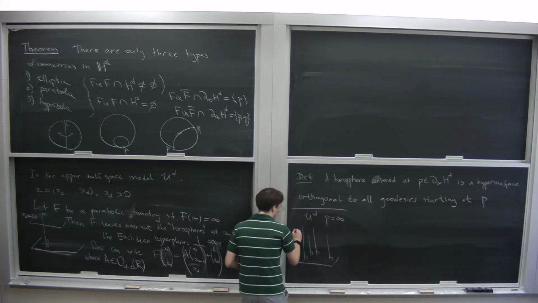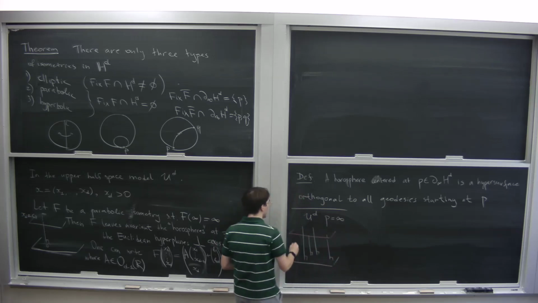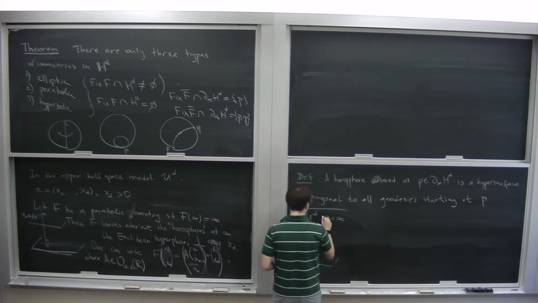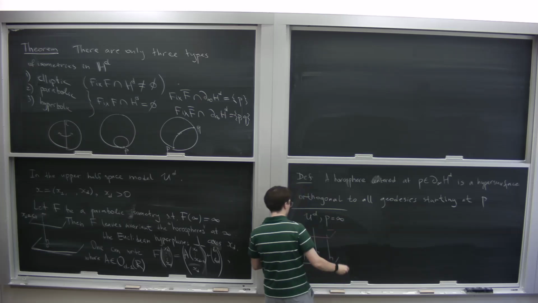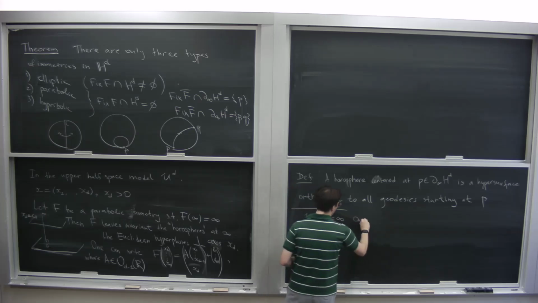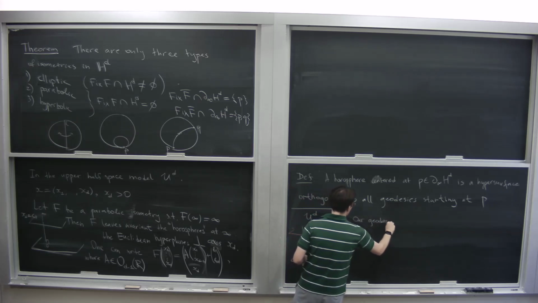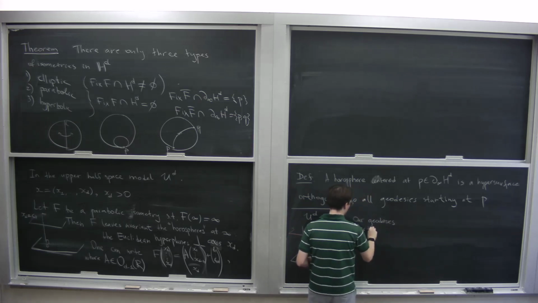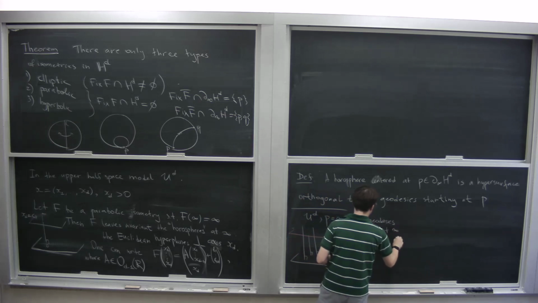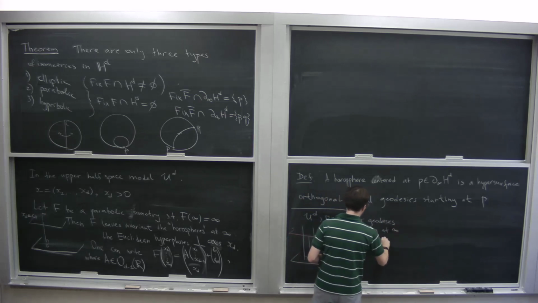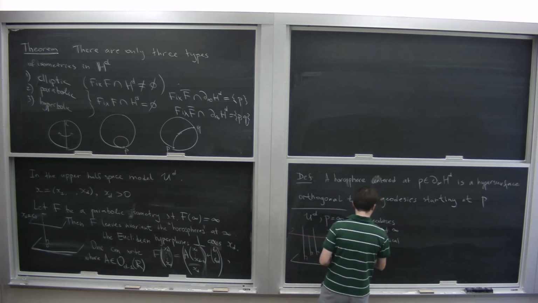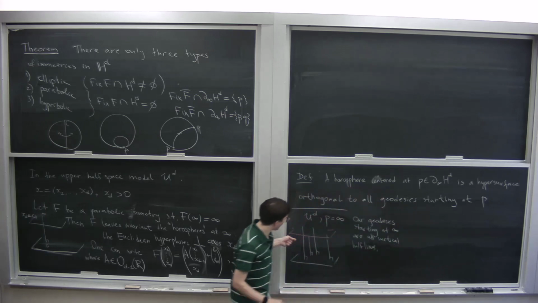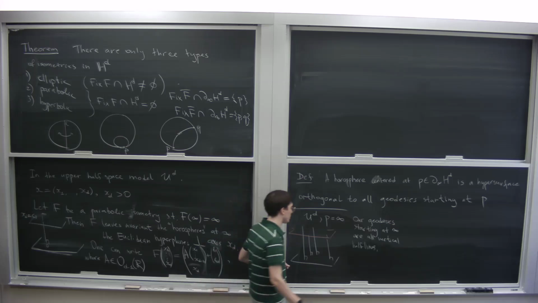And thus we see that our horospheres are Euclidean d-1 dimensional hyperplanes.